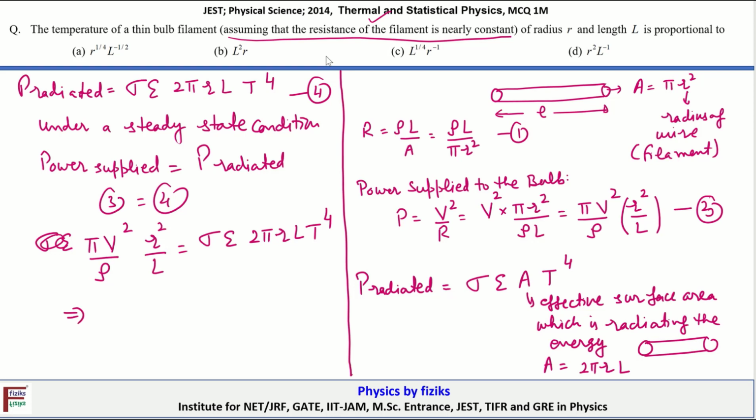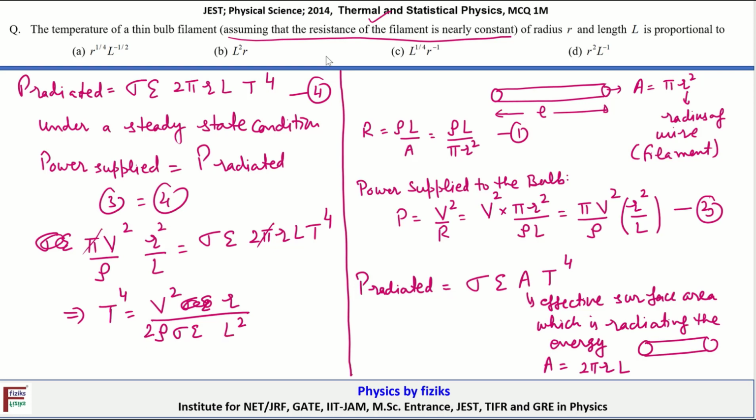So from here we notice that the corresponding temperature, T power 4, will be equal to, pi and pi will cancel with each other, because on both sides we have pi, and one of the R will also cancel with R. So in principle I can write this as V square R upon rho sigma E, and then a factor of 2, and then L square.